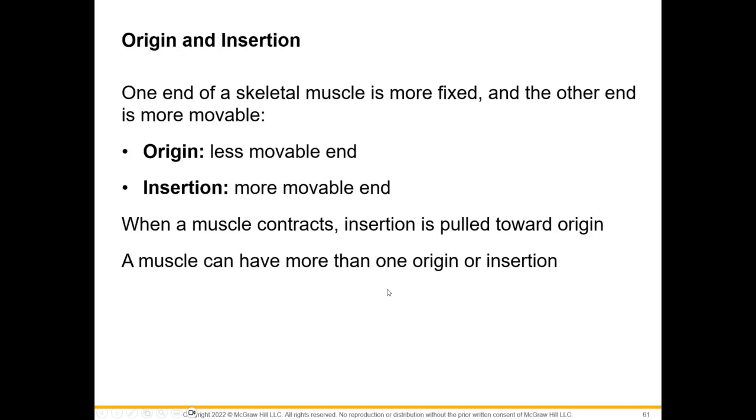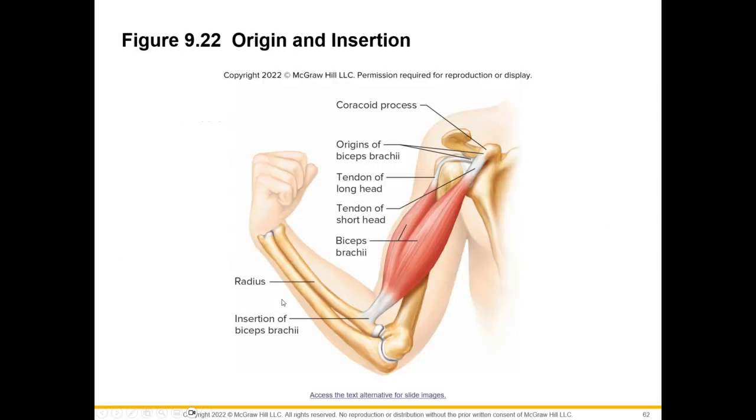A muscle can have more than one origin or insertion. So here you see the insertion of the biceps brachii is right here on the radius. The origin is up here at the coracoid process of the scapula.